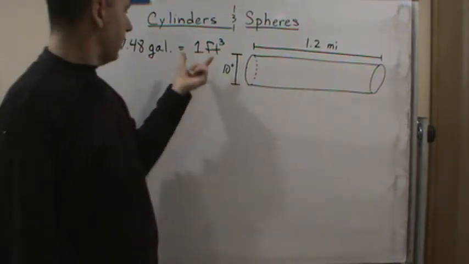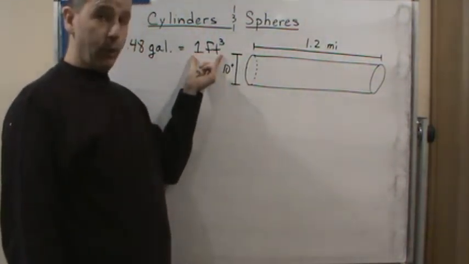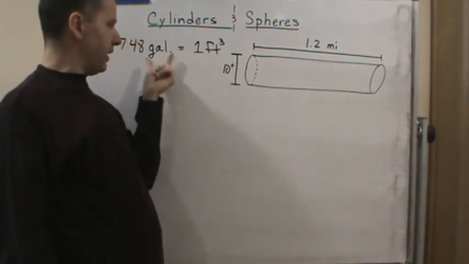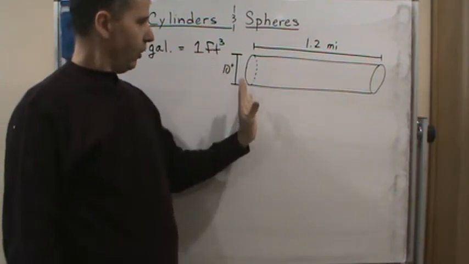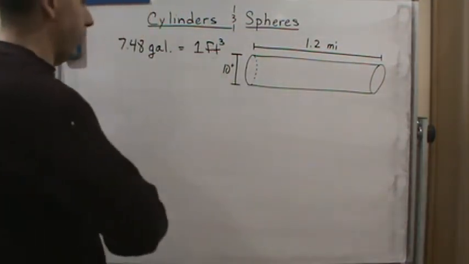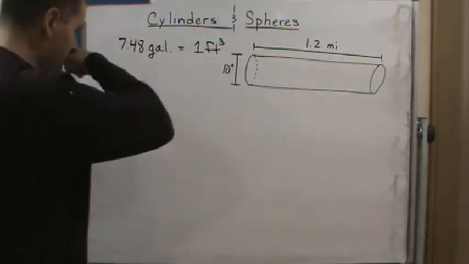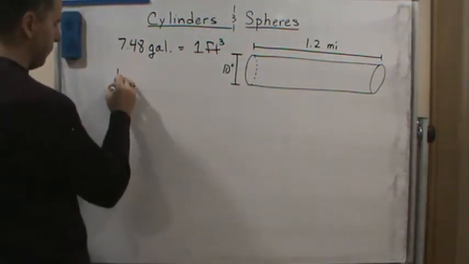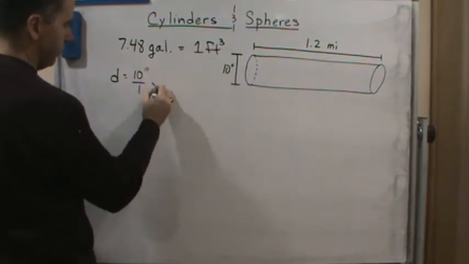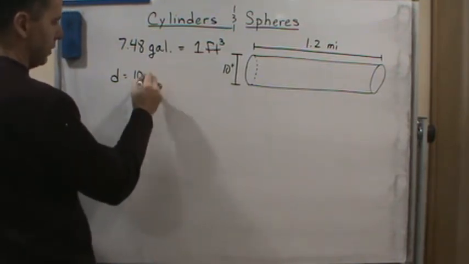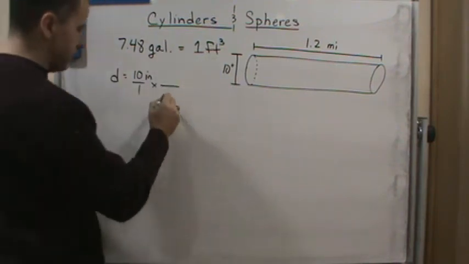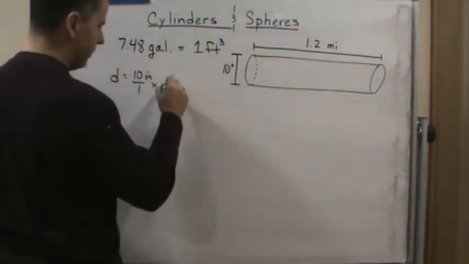Now, since we have our conversion from cubic feet to gallons, we're going to convert everything to feet. That would be the thing to do. So now the diameter, which is equal to 10 inches. Let's just use inches here. We know that there's 12 inches in a foot.